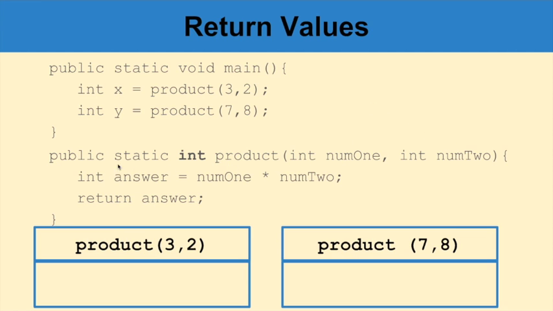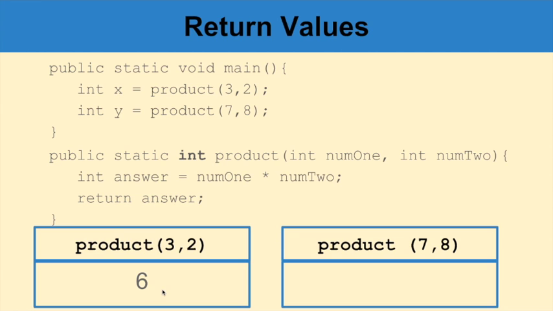So we would go in this method, the product method, instead of saying void, we've changed this now to say int because we're going to send an integer back up. So int answer is equal to num1 times num2. So if num1 is 3 and num2 is 2, so 3 times 2, that should give us 6. So the return value should be returning back up there a 6.